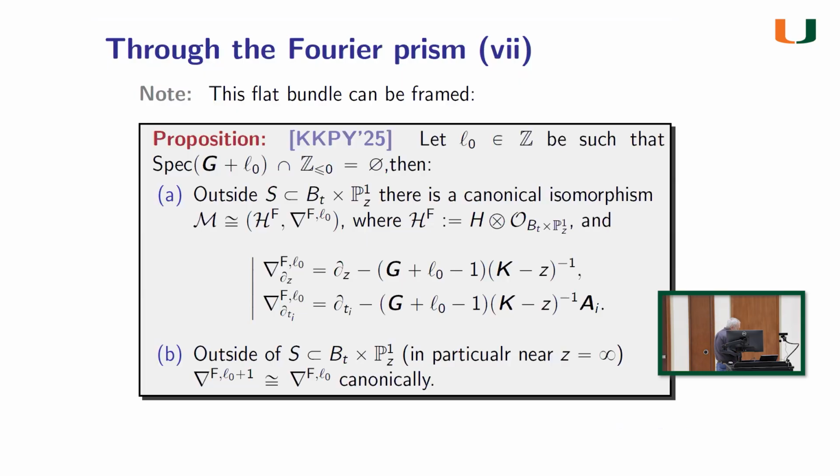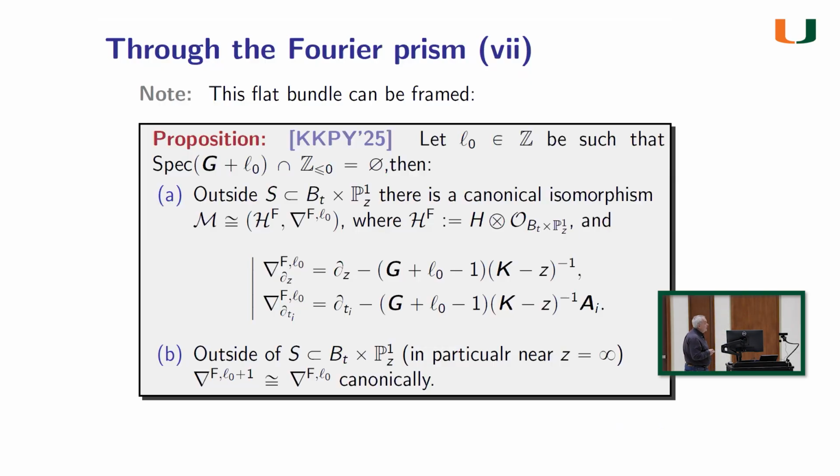But now the Fourier dual action of the differential operators, or the Fourier dual quantum connection, which depends on the choice of that integer, is given by slightly more complicated operators. G plus L0 minus 1 times K minus Z inverted, and G plus L0 minus 1 times K minus Z inverted times AI.